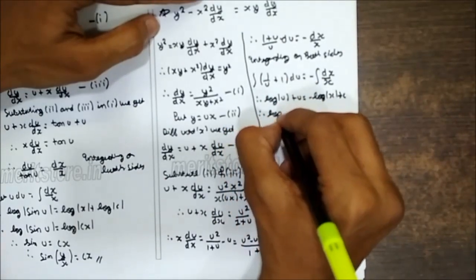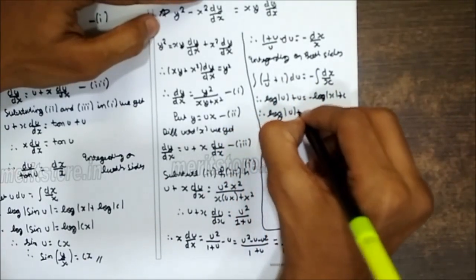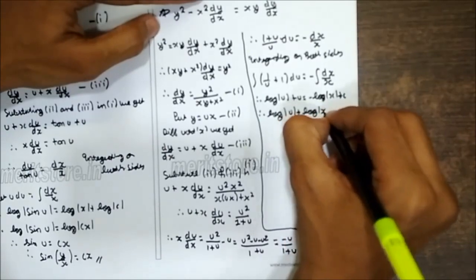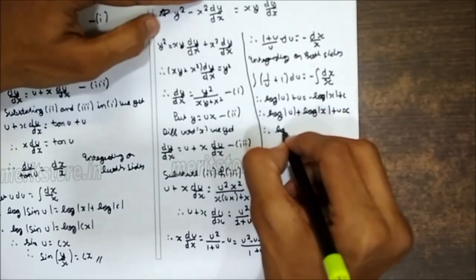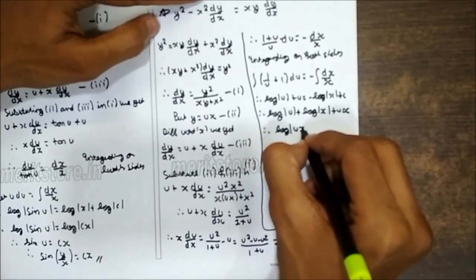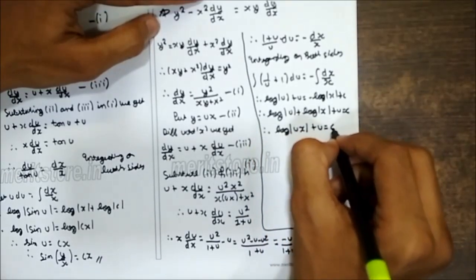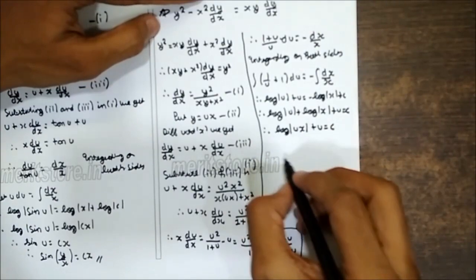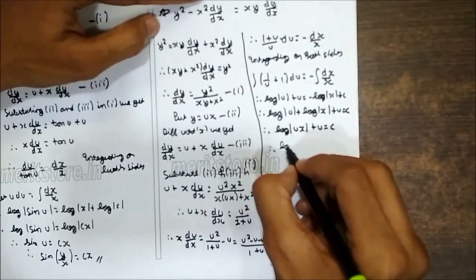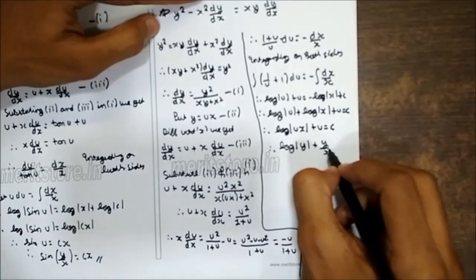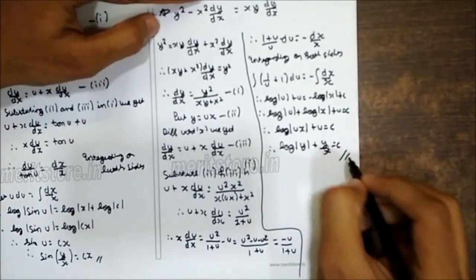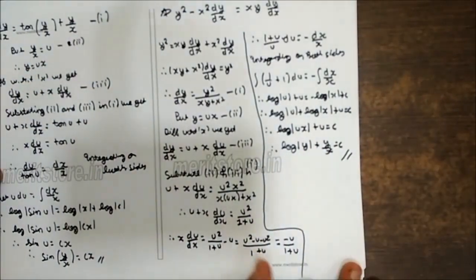Therefore log u plus log x plus u is equal to c. Therefore log ux plus u is equal to c, by the rule of logarithms. Therefore log y plus y by x is equal to c is the required solution for the given question.